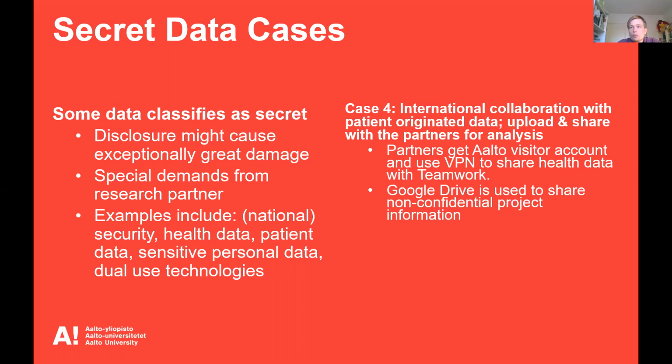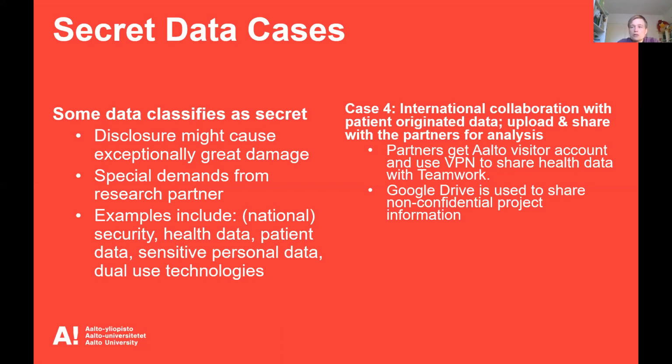So one case there would be an international collaboration with a few partners internationally, and they will have some patient originated data. The data actually is not medical data in a sense, but the research subjects are patients. So we will get some health related data from people who have been patients, so it has to be safeguarded at the same level.